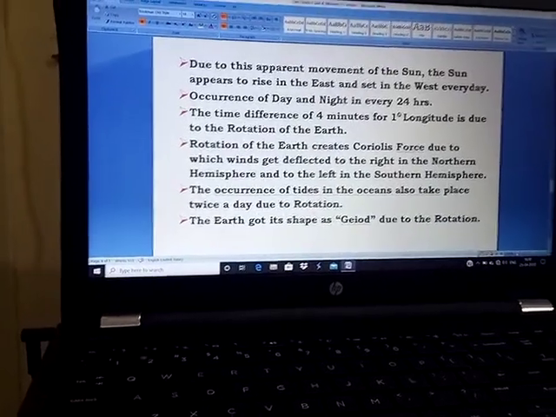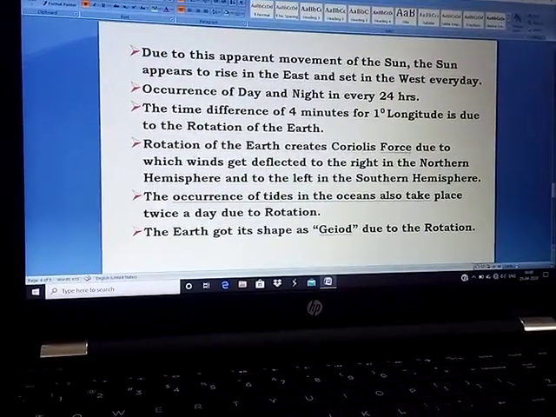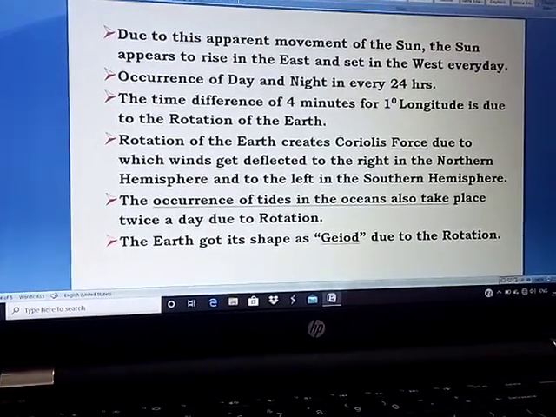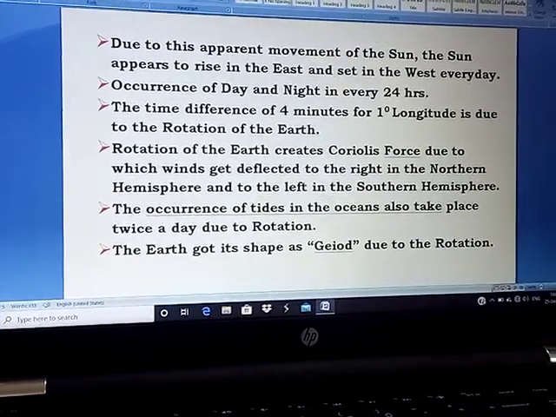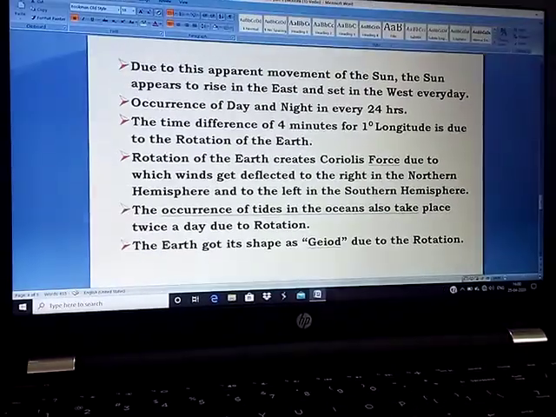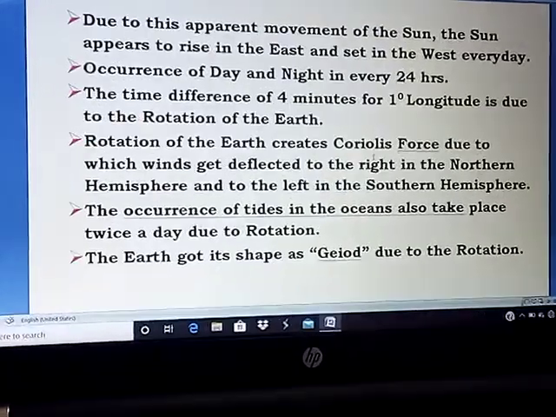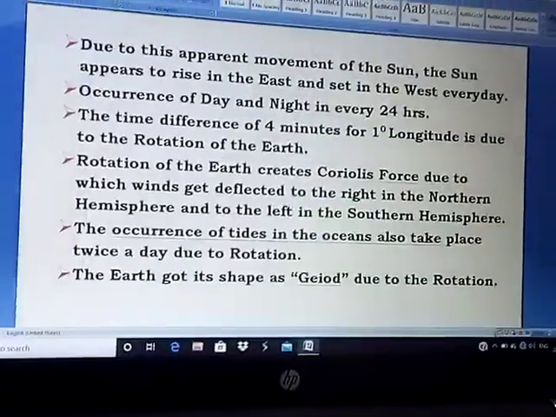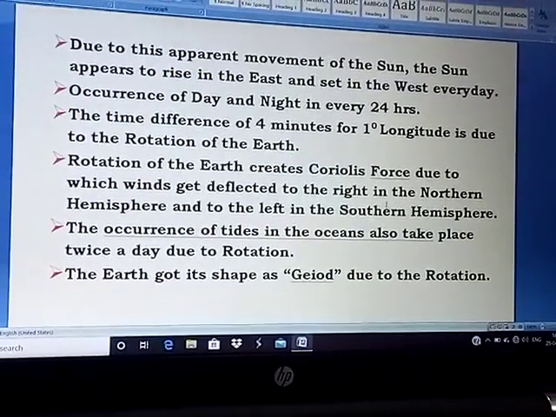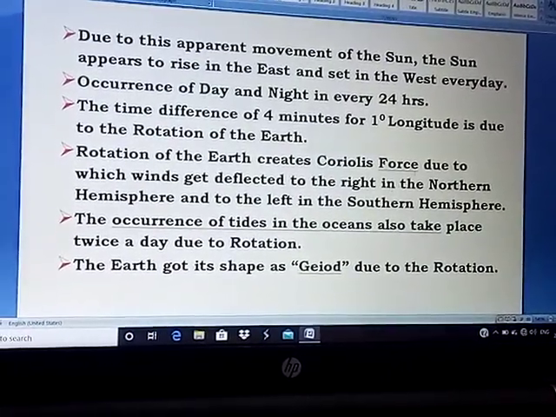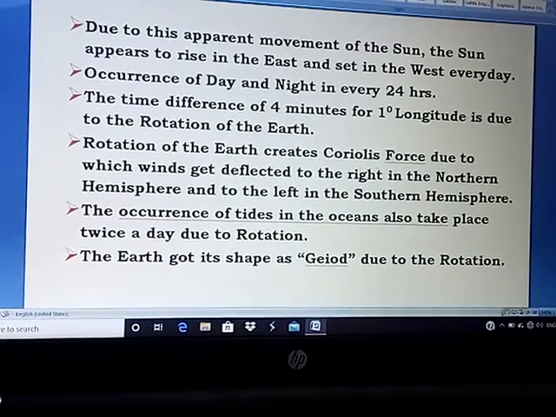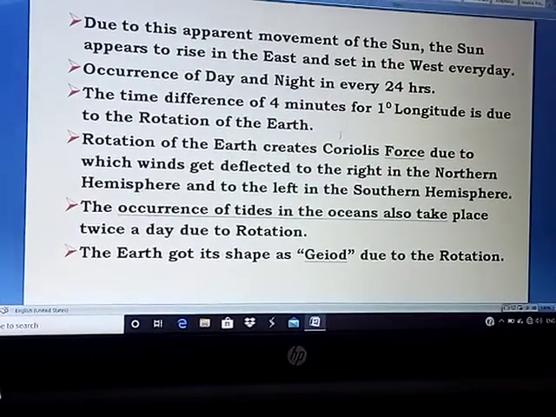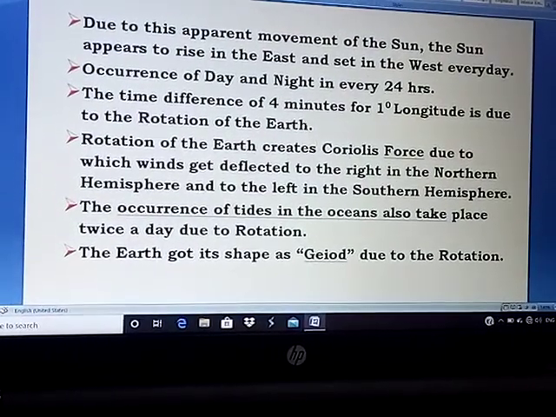Rotation of the earth creates Coriolis forces. Coriolis force due to which winds get deflected towards the right in the northern hemisphere and to the left in the southern hemisphere. Coriolis we will be studying in detail in some other chapter too. But remember, Coriolis effect or Coriolis force is a very important effect of the rotation of the earth.